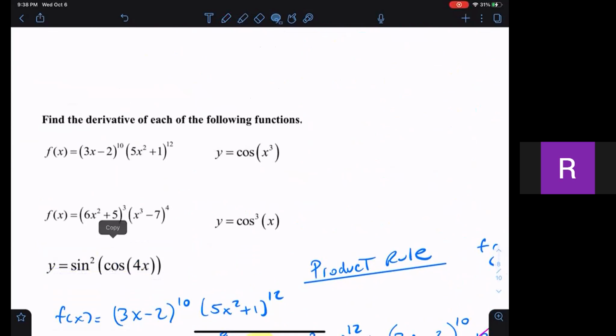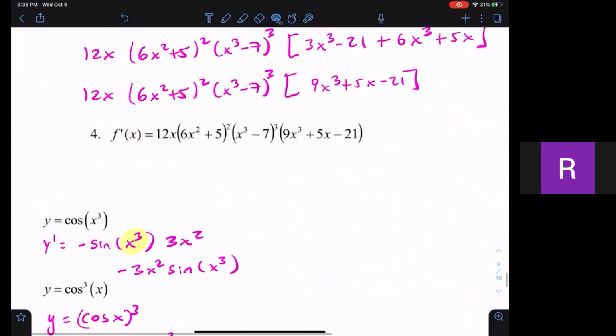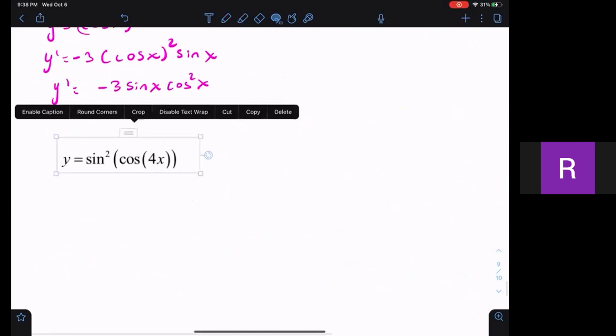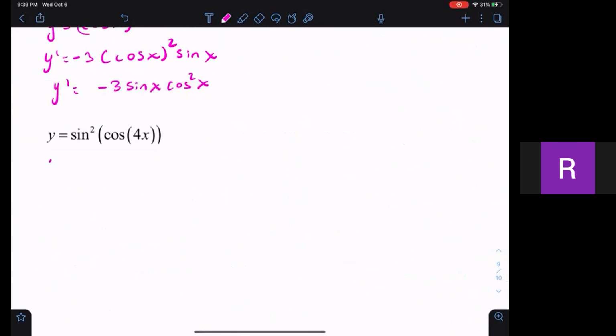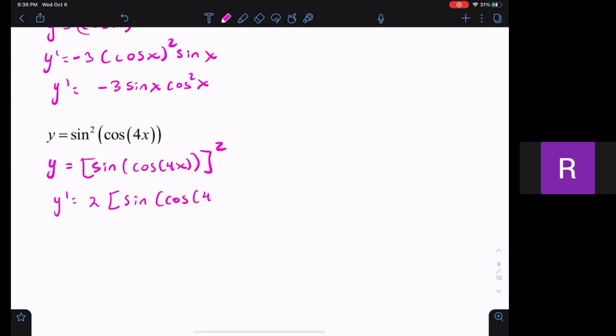This one, right? So here we have y prime equals, okay, I'm gonna rewrite it first. Sine, cosine, 4x to the second power. So this is y prime equals 2 sine, cosine, 4x to the first power.